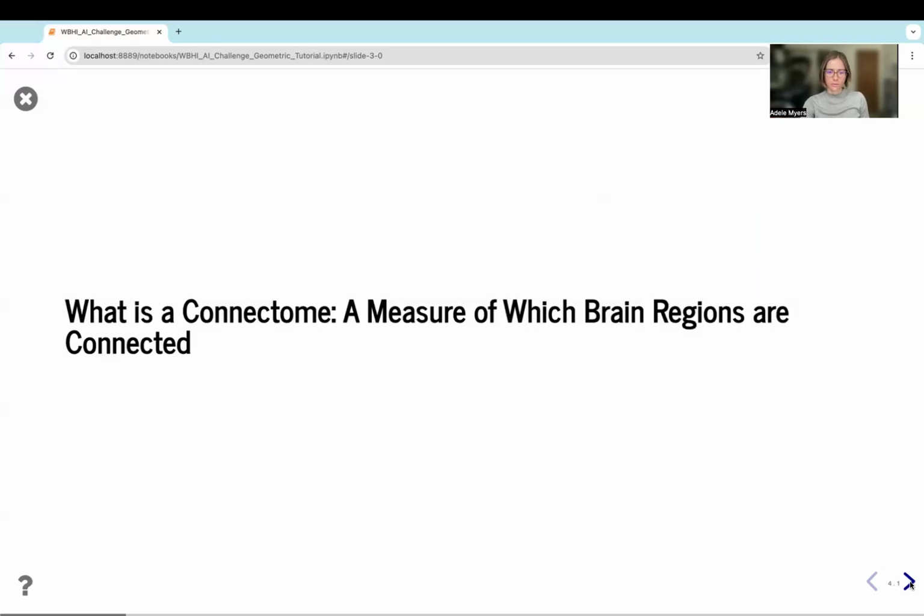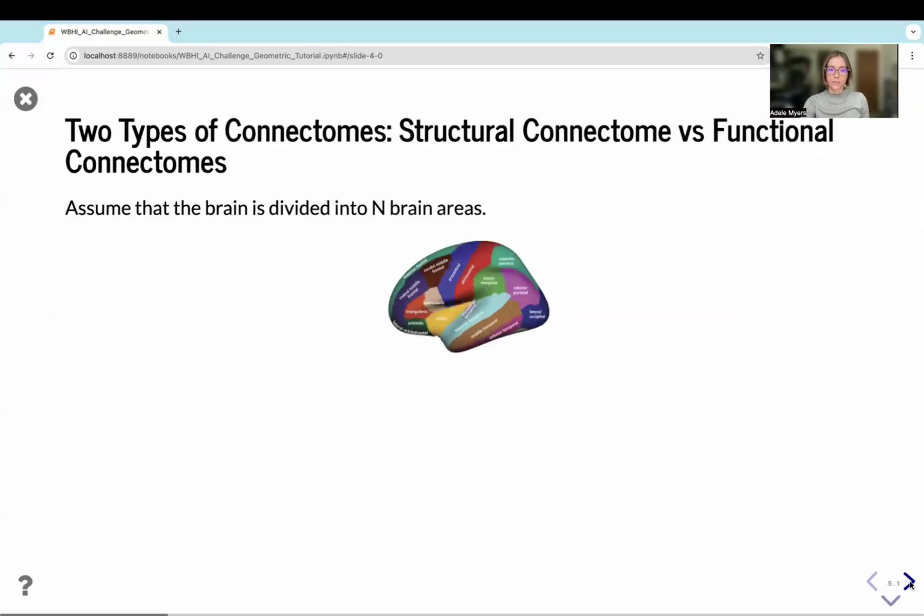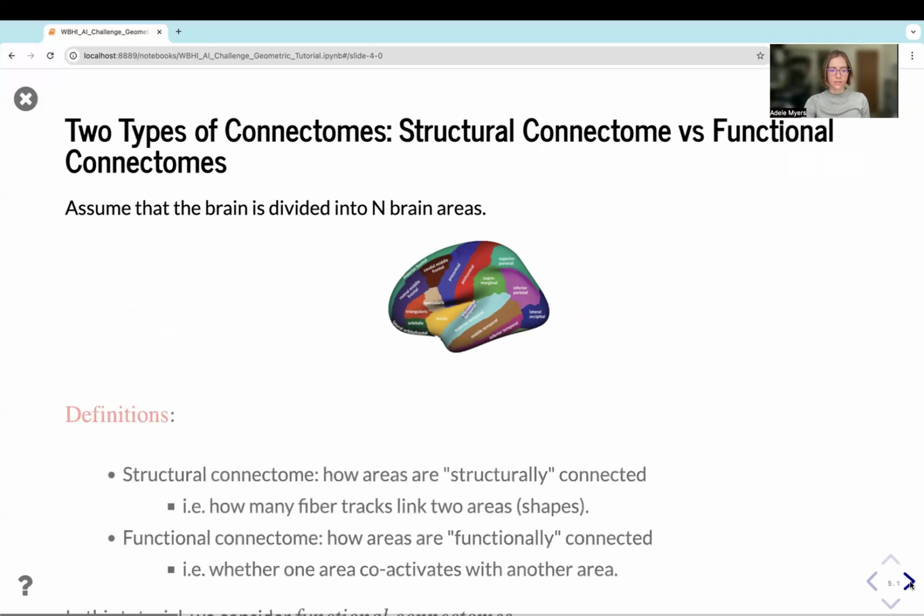So, a connectome is a measure of which brain regions are connected. There are two types of connectomes, structural connectomes and functional connectomes. And to think about the difference, we can first assume that the brain is divided into n areas. And then the structural connectome is how the areas are structurally connected.